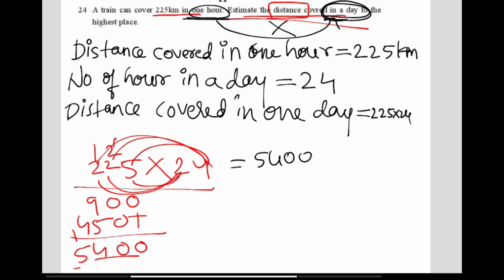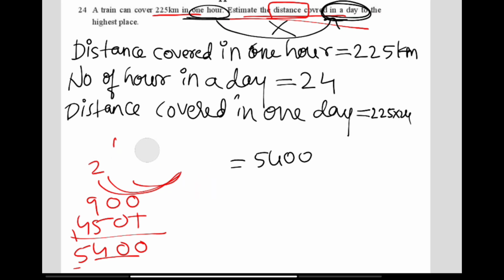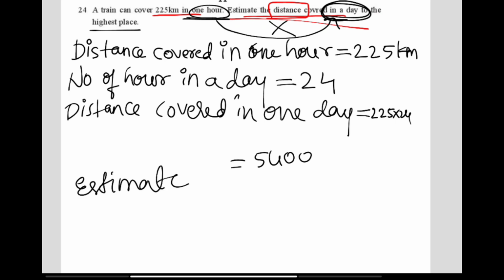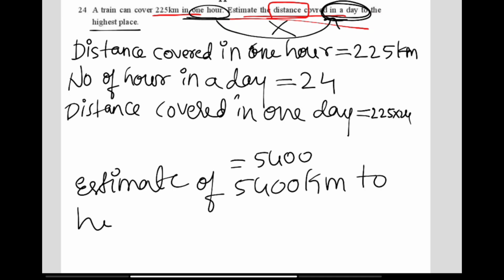5400 is the answer. Now you have to estimate this one. Okay, you know how to do the estimation to the highest place. See, in the question itself they have given to the highest place. So here the estimate, we can write like this: estimate of 5400 kilometers to the highest place.